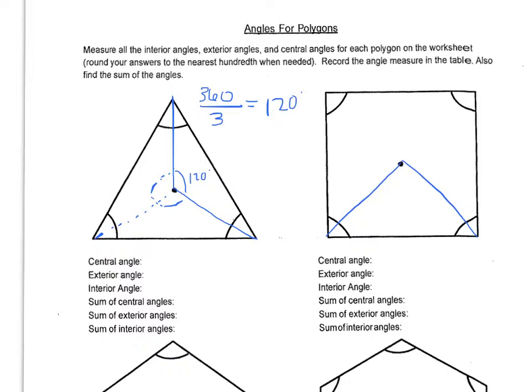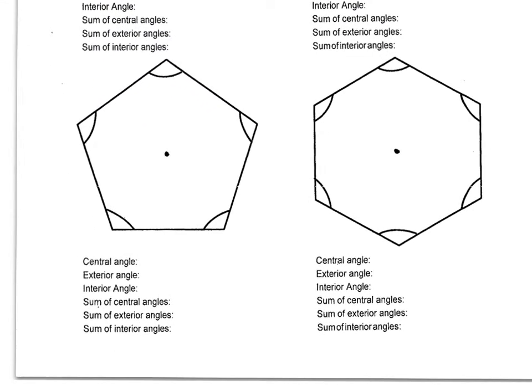If I have a quadrilateral, I have 4 central angles in the center: 1, 2, 3, 4. So I have 360 degrees around a full circle divided by 4 angles, and I get 90 degrees for the central angle. If I continue, I can look at a pentagon. The center is here. There would be 5 central angles.